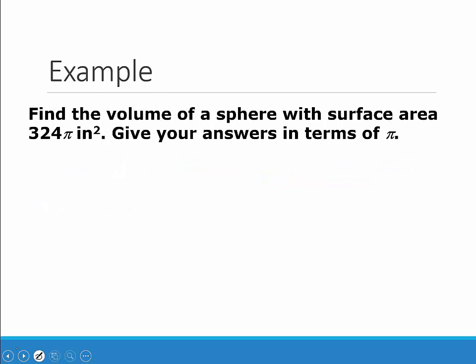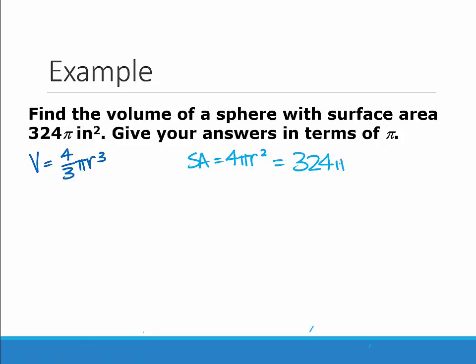So if we do another one, find the volume of a sphere with surface area of 324 pi inches squared, and then give our answer in terms of pi. So we eventually want to find the volume, and volume is 4/3 pi r cubed, so we need the radius. But instead of the radius, we're given the surface area, and surface area is 4 pi r squared. So we're going to use that to find what our radius was.